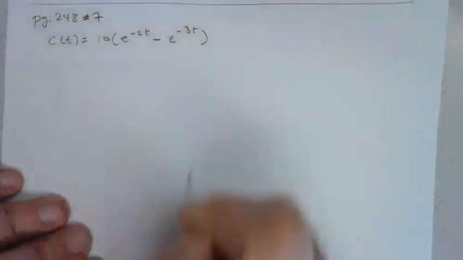So, concentration of drug in your blood. At what time does the highest concentration occur within the first 5 hours? Okay, so let's write down the equation. So C of t is equal to 10 times e to the negative 2t minus e to the negative 3t.